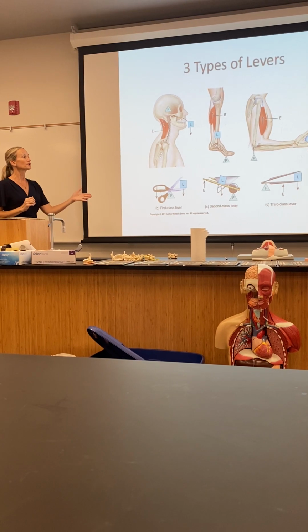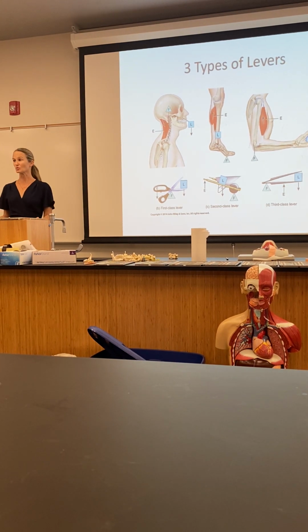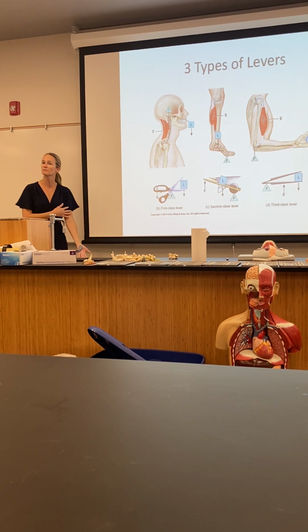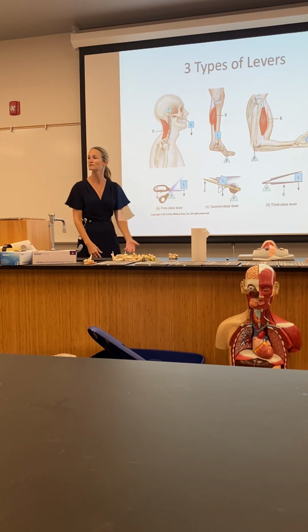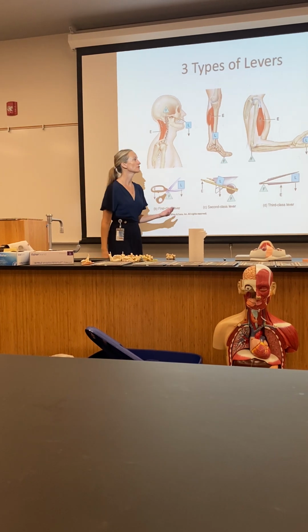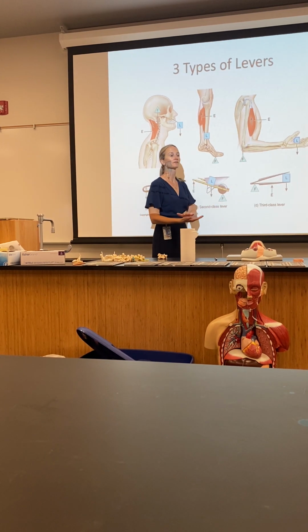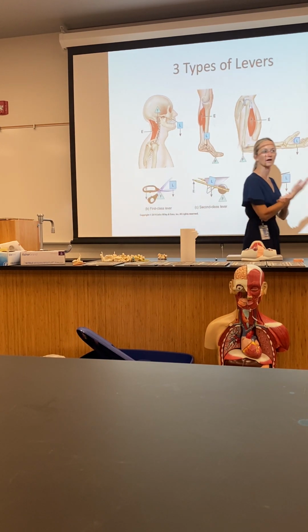Third-class levers. This is the majority of the muscles in our human body. They have the fulcrum at one end, effort in the middle, load at the other end. The biceps brachii muscle and brachialis muscle would all be examples of third-class levers. The fulcrum point is the joint that's moving, in this case the elbow. The load is the weight of the entire forearm.